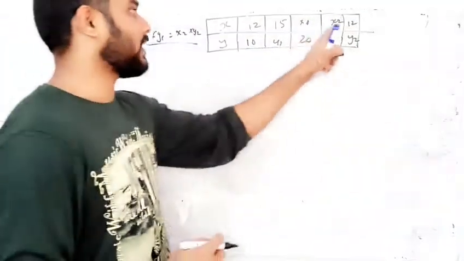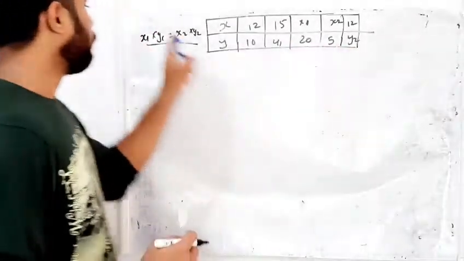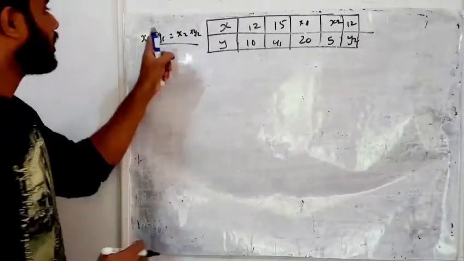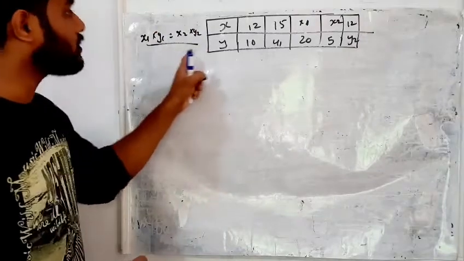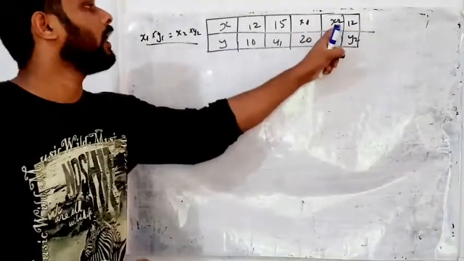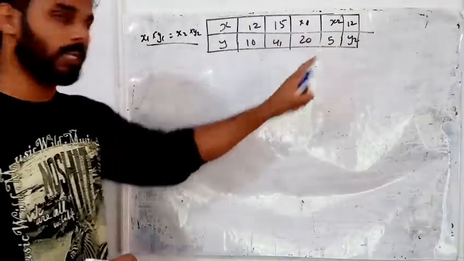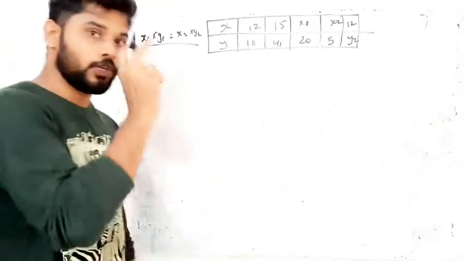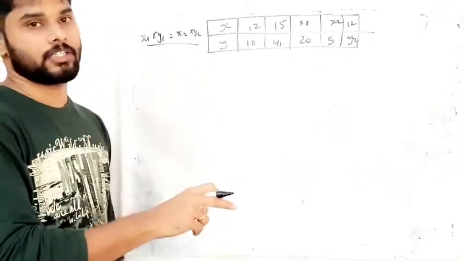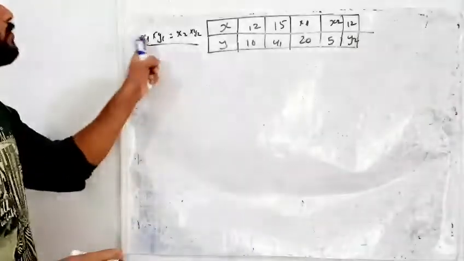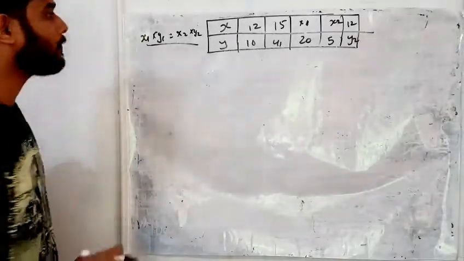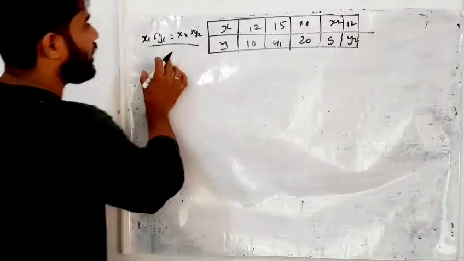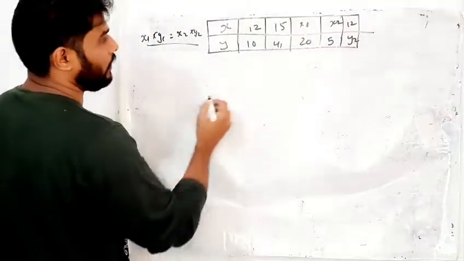Why are we using this equation? If two variables are in inverse proportion, then we can use this equation. Clear? So according to this equation, now we can find out the y1 value.